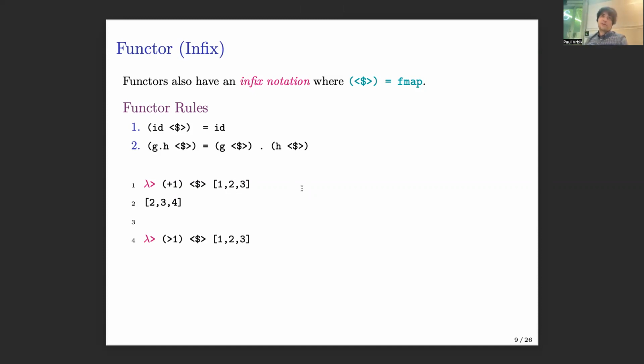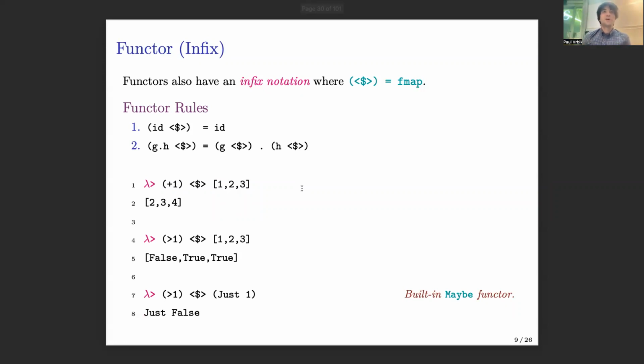I can also say (>1) mapped over 1, 2, 3, and you get False, True, True. And I can also say (>1) applied over Just 1, and you get Just False, because 1 isn't greater than 1. So this fmap is a function that's now going to let you map over anything that has structure, not just lists.